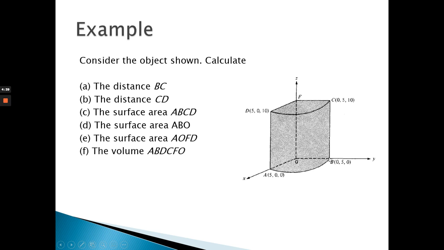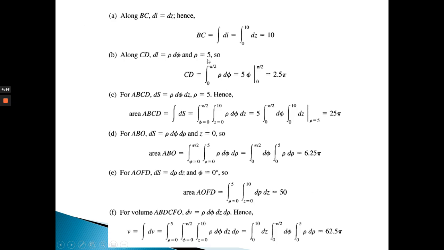There is no rho here because this is on the y axis. So this is rho and this is phi. I ask you to find it. If you have a problem, then you can tell me. But from here we can find out that our rho is 5. So rho goes out.